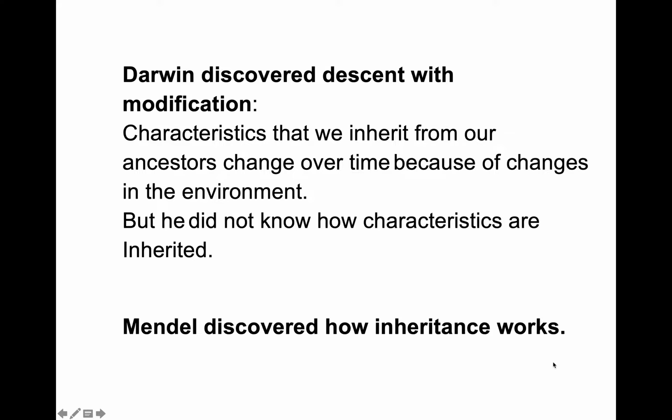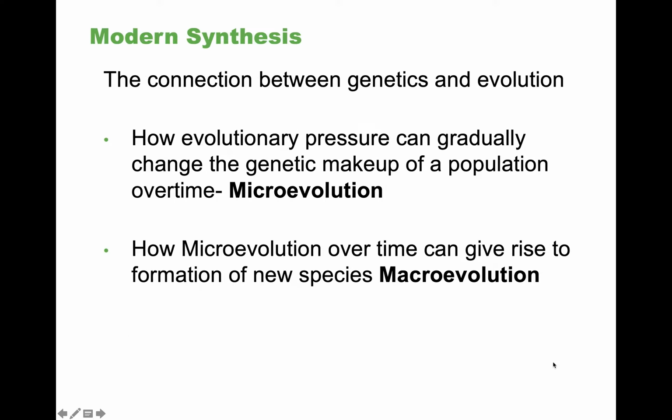Then Mendel discovered how these rules of inheritance work, and that allowed scientists to create the modern way to describe the theory of evolution, which we call modern synthesis, which is the connection between genetics and evolution.